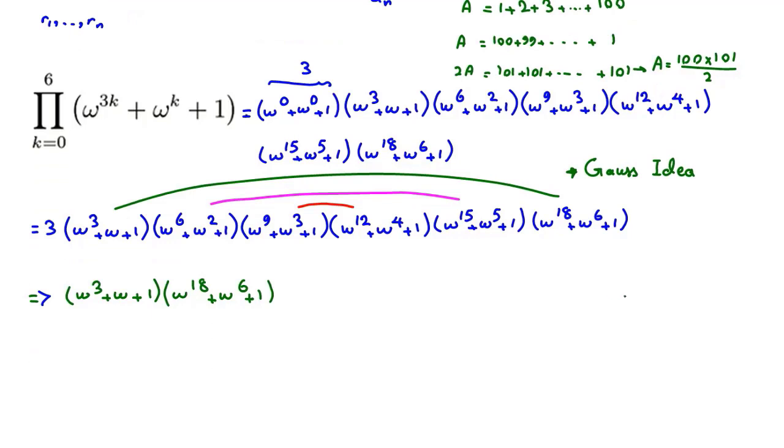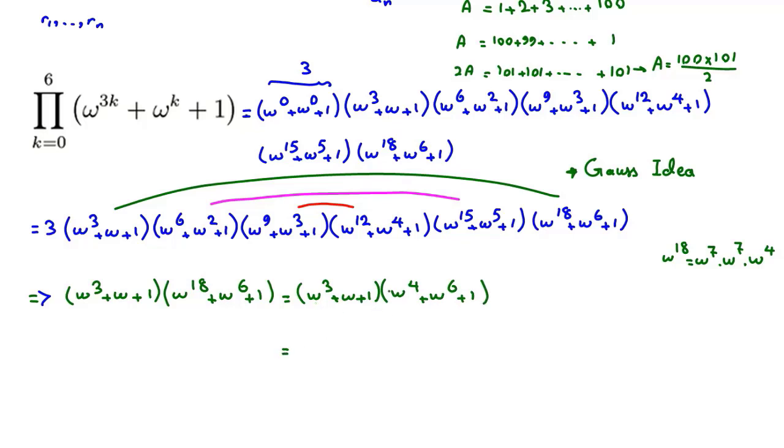So w to the 18 is w to the 14, which is 1, times w to the 4. You can consider 18 mod 7 is 4. So it is equal to w cubed plus w plus 1 times w4 plus w6 plus 1. Let's calculate.